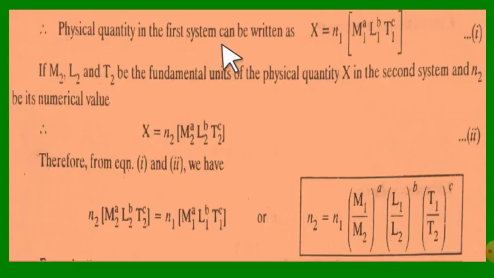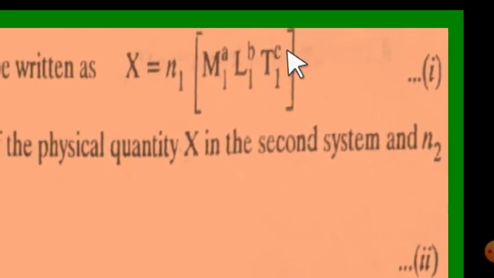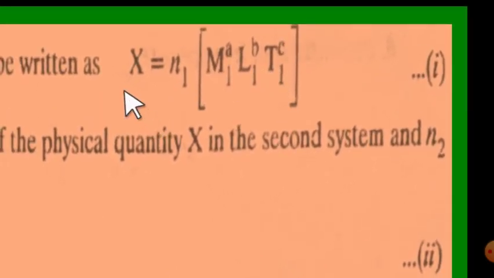Therefore, the physical quantity can be expressed as x equals n1 times M1 to the power a, L1 to the power b, and T1 to the power c. What is this n1? This is the numerical value of that physical quantity in one system.